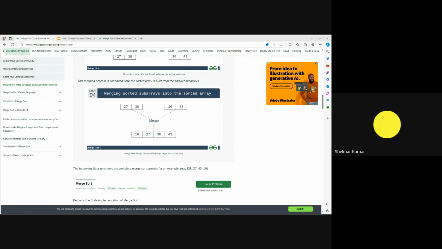Okay. Now I will show you some simulation of merge sort.